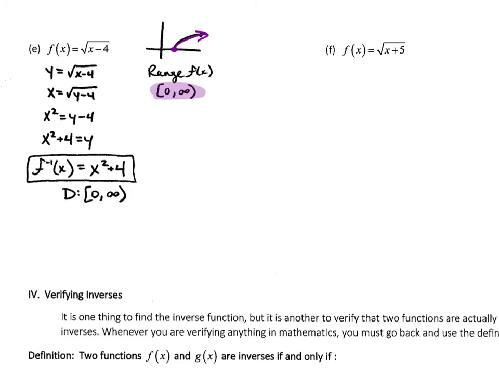Okay, which means that when I'm done, even if my final function doesn't have that restriction like it had a little bit ago with that rational function, we have to include that range in my domain. So we look at this step, just kind of following along. We change f of x to y, we switch x and y, we would square both sides, we would add 4 to both sides.